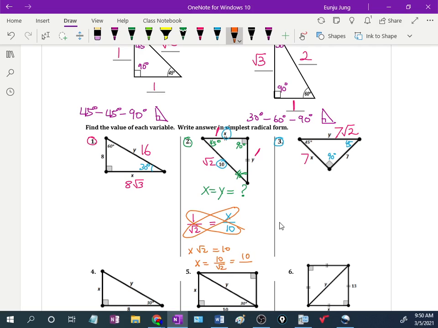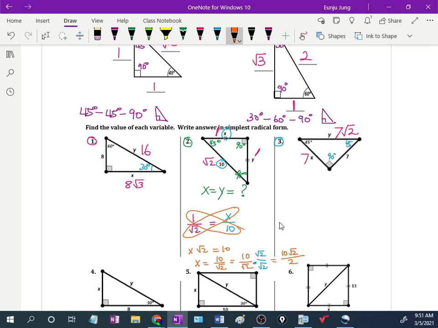So x equals 10 over root 2. I don't want root 2 in the denominator. So let's rationalize the denominator by multiplying root 2 on the numerator and denominator. And I'm going to have 10 root 2 on the numerator. And root 2 times root 2 is just the number 2. So we no longer have the square root in the denominator.